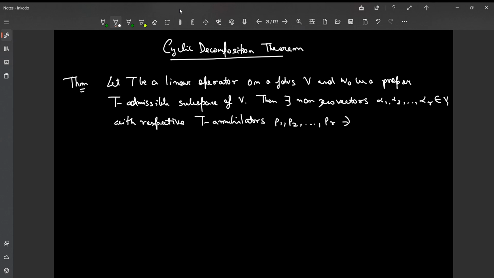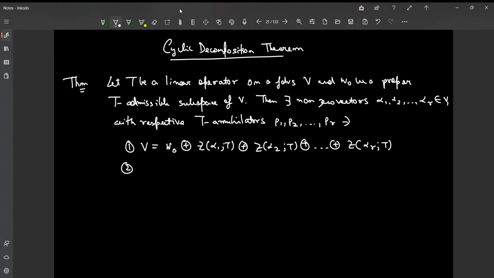Such that, number 1, the vector space can be decomposed as W naught, direct sum the T cyclic subspace generated by alpha 1, direct sum the T cyclic subspace generated by alpha 2, and so on till the T cyclic subspace generated by alpha r.